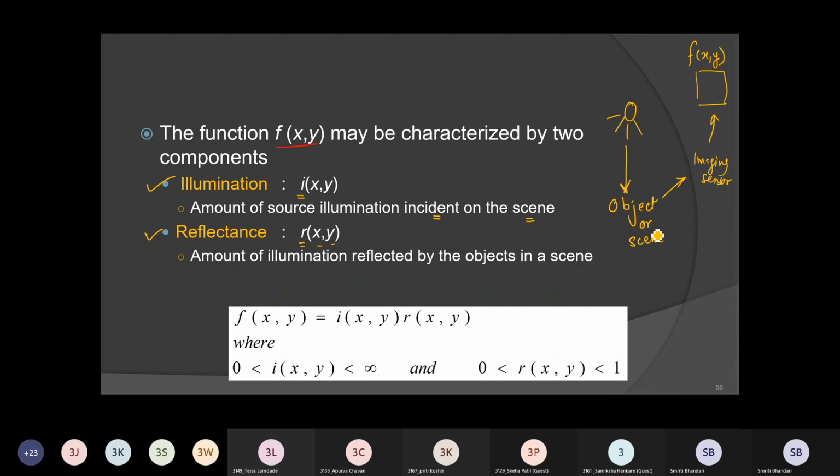Right? So the nature of this i, that is illumination, is determined by the illumination source. And the nature of reflectance r is determined by the characteristics of the scene or the object. Okay, I'll repeat once again. The nature of this i(x, y) is determined by the illumination source, the light source, the energy source, right?